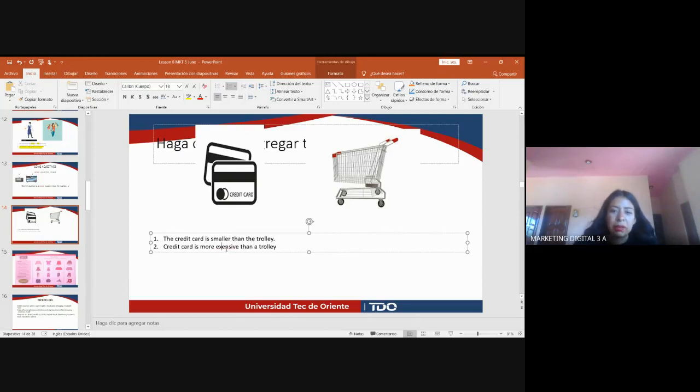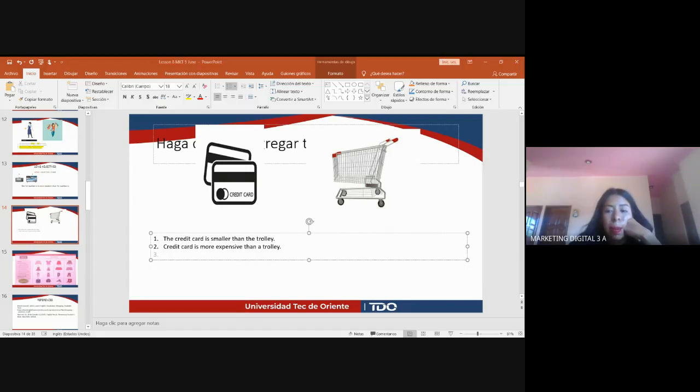Yeah, it could be. Joaquin, Kevin. Kevin, the credit card is smaller than the trolley. The credit card is more expensive than the trolley.